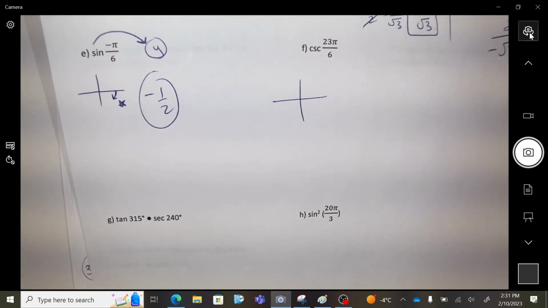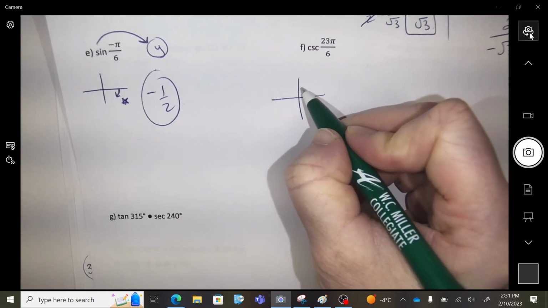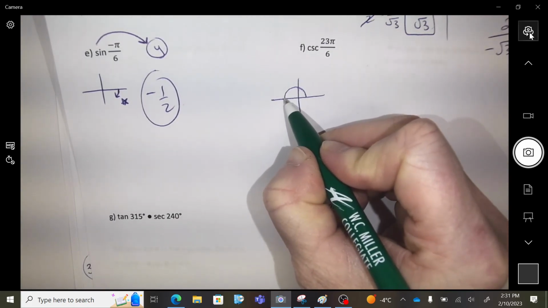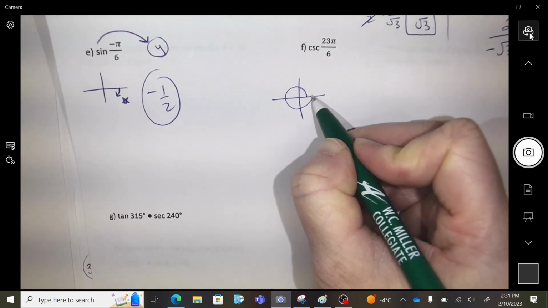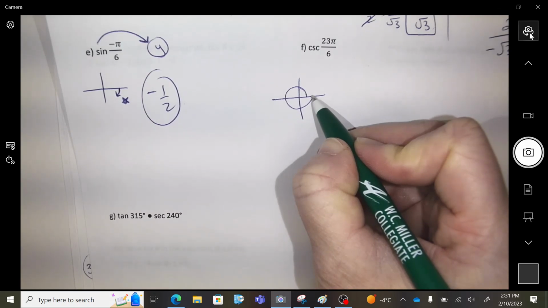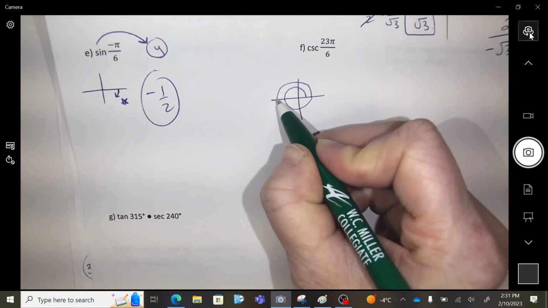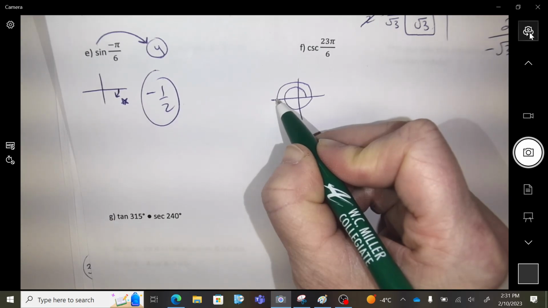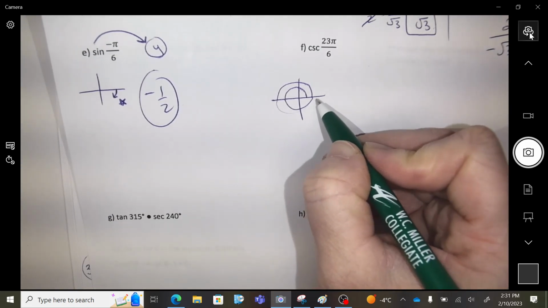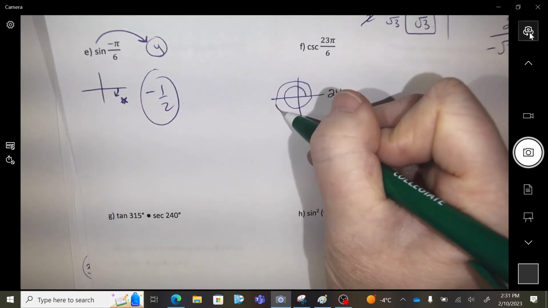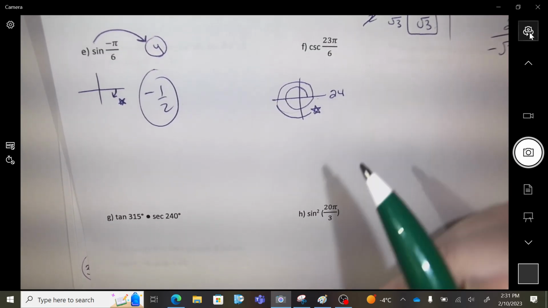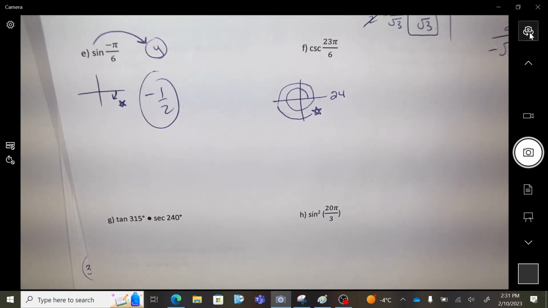Okay, this one's a little bit trickier with location. How do you go to 23 pi over 6? So I'm going to go like this. This is 6 over 6 because that's 1. This is 12 over 6 because that's 2. What's the next semicircle? 18. The next full circle would be 24. So then 23 is not quite there, right?